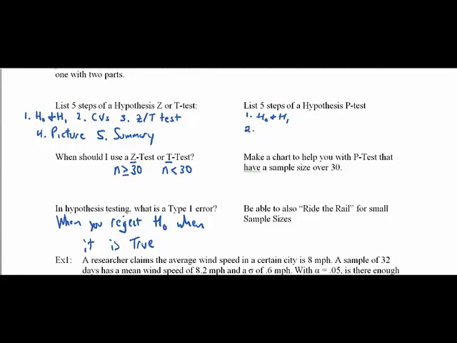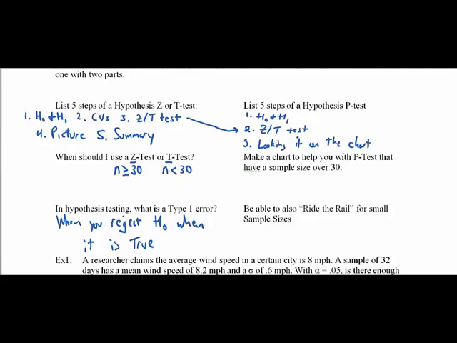Step 2 is exactly the same as step 3 on our traditional test, where you actually get your z or your t value. Then what we need to do is convert that z or t value into a percentage by looking it up on the chart.